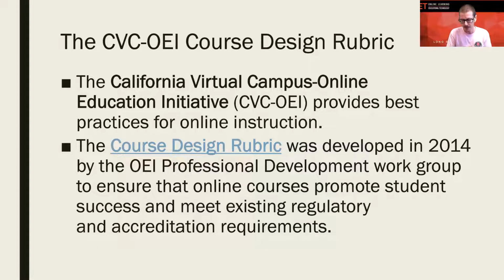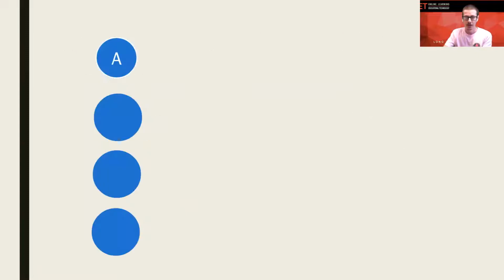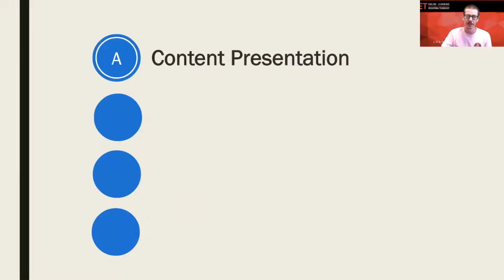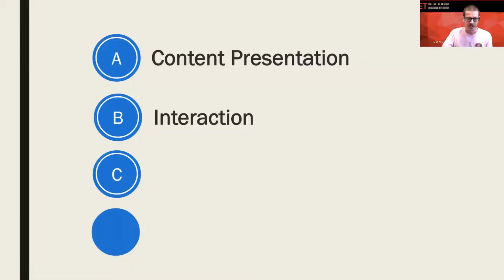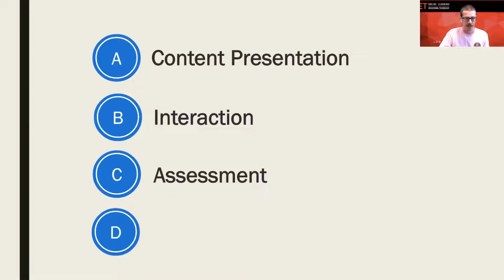As most of you know here, in 2014, a course design rubric was developed by the CVC OEI, and it has lots of different things that online instructors can do to make their courses student ready. There are 4 sections of the rubric: Section A on content presentation, Section B on interaction, Section C, assessment, and Section D, accessibility.